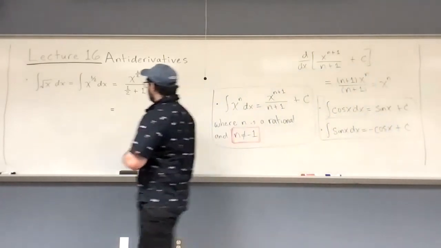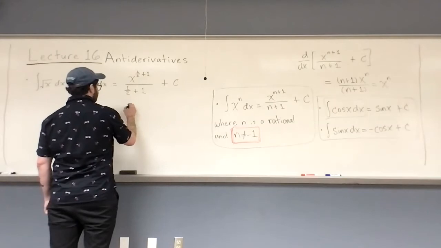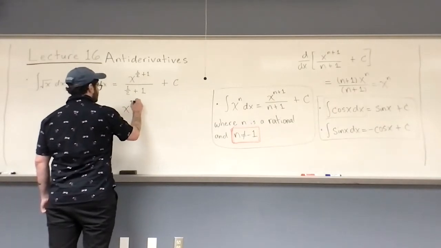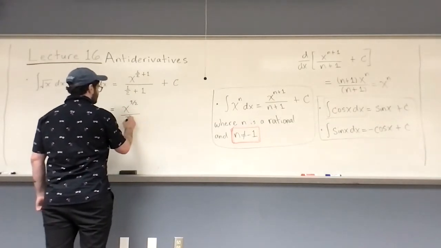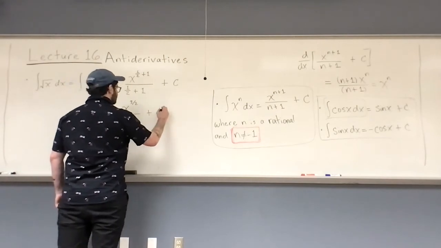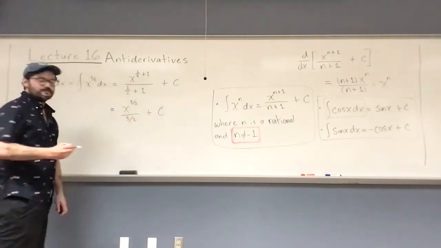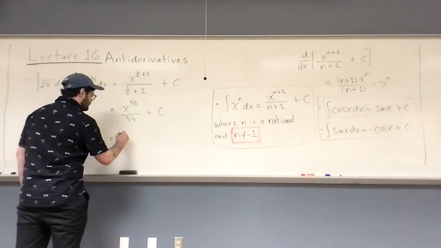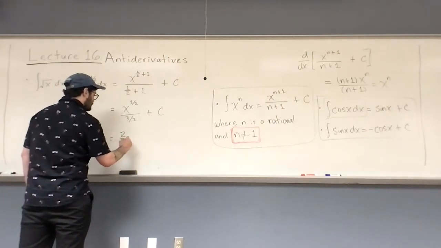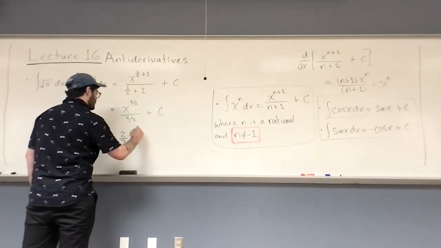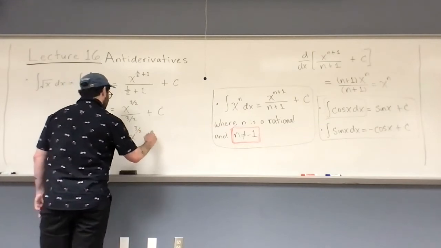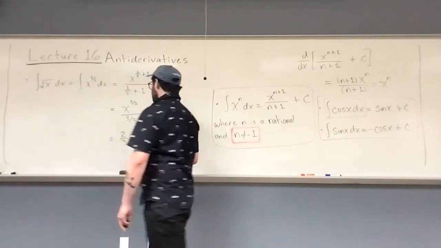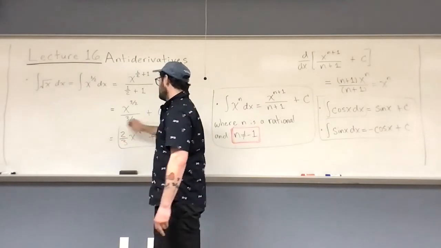So this will become x to the power 3/2 over 3/2 plus c. That's definitely not how it would look in the textbook. It would look like this: 2/3 of x to the power 3/2 plus c. That would be the solution.